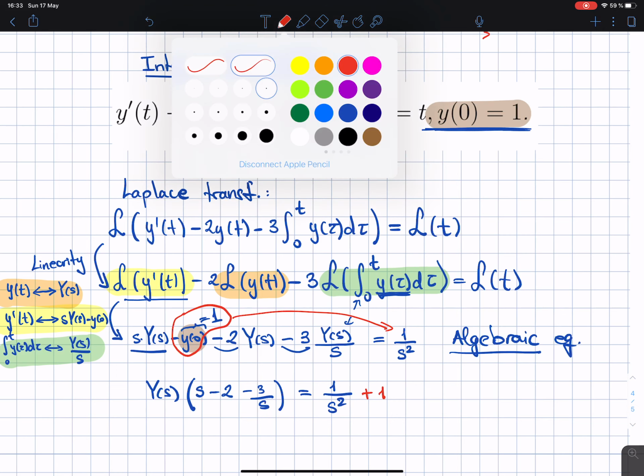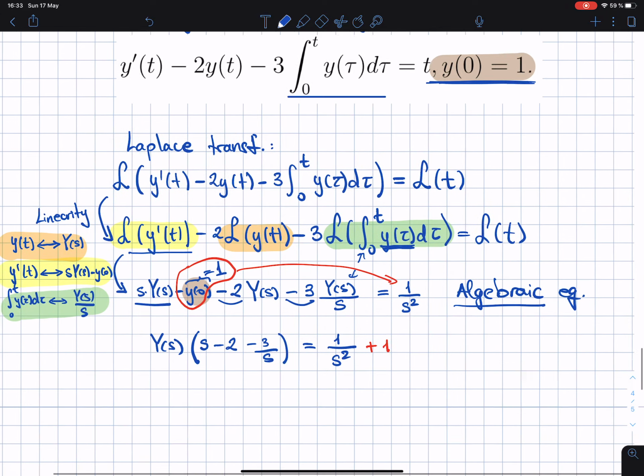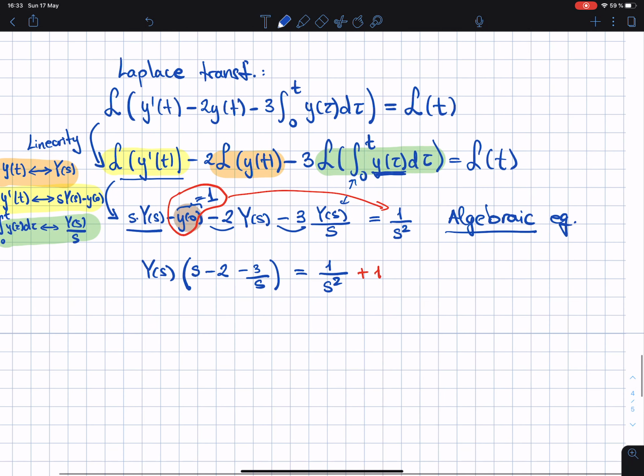Now, in order to make it a little bit easier, let me multiply the whole equation by s. So that would be s squared minus 2s minus 3 equals 1 over s plus s. I multiply the whole equation by s to get rid of the division by s here.